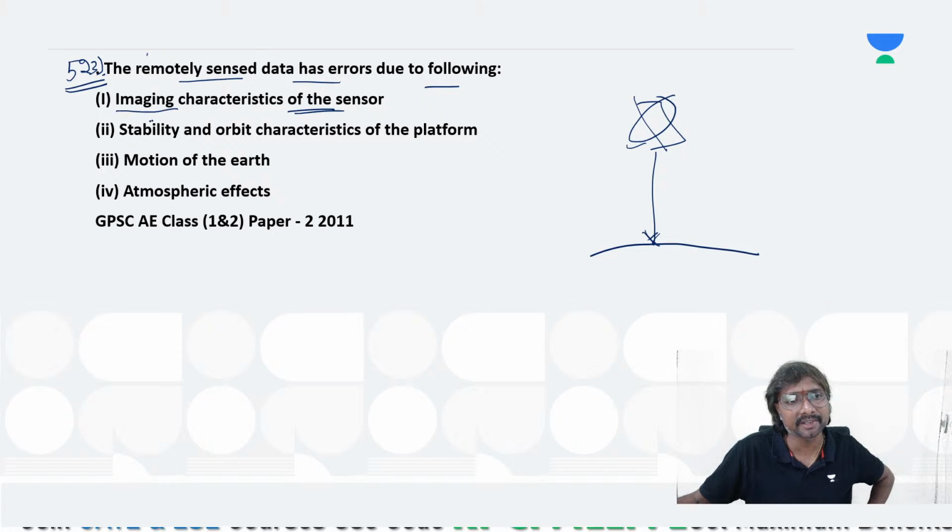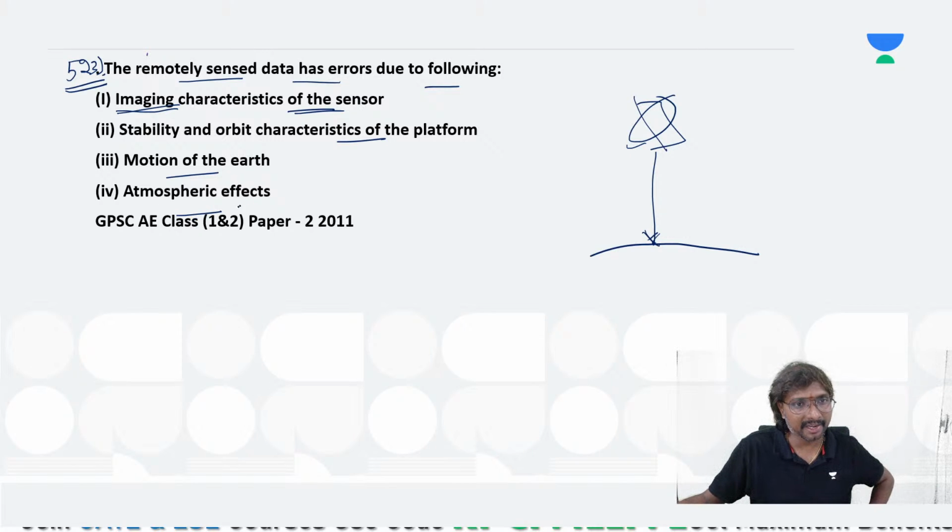Imaging characteristics of the sensor means the sensor is not properly able to receive the data. Sensor is not properly receiving the data, so errors will occur or not? So that is one reason. Stability and arbitrary characteristics of the platform, motion of the earth, atmospheric effects.